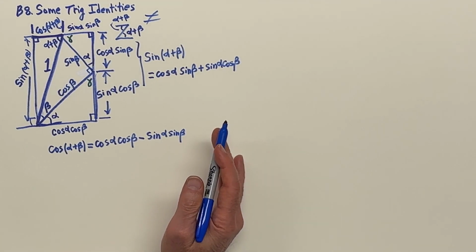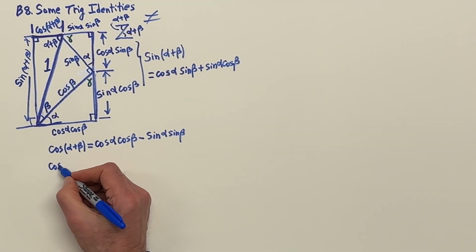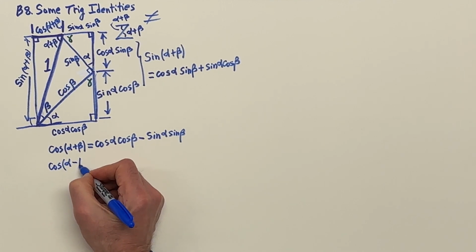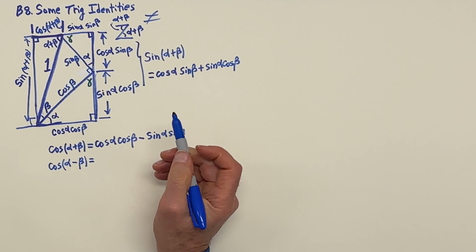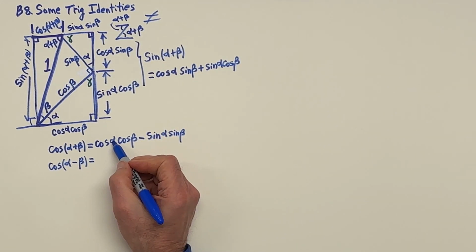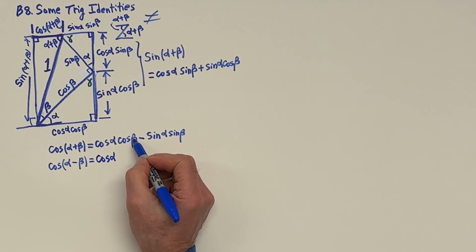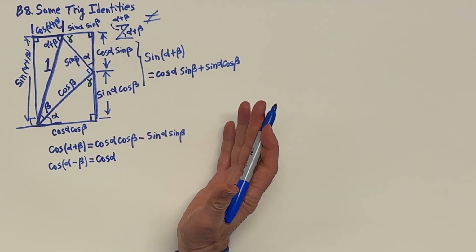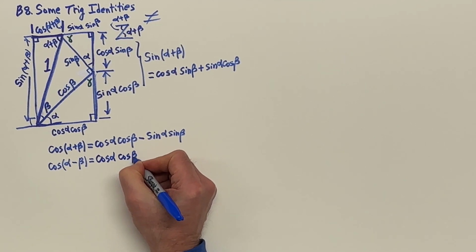Now the last thing to do here is define the identity for the difference, alpha minus beta. And now we're going to use the even and odd functions here. Here, alpha didn't change, so that's cosine of alpha. But now the beta becomes negative, but the cosine doesn't care, because the cosine is an even function. So we simply write down cosine beta again.